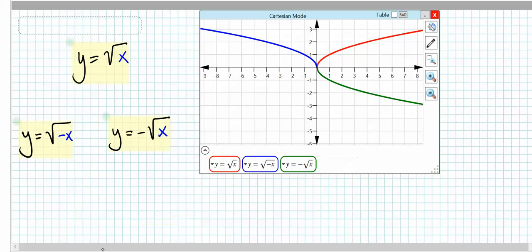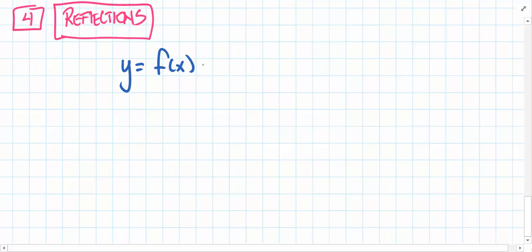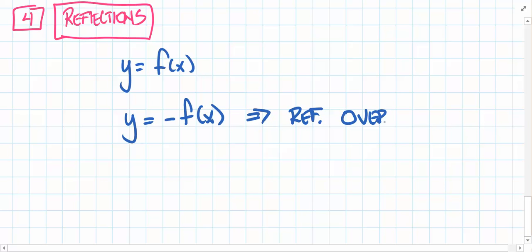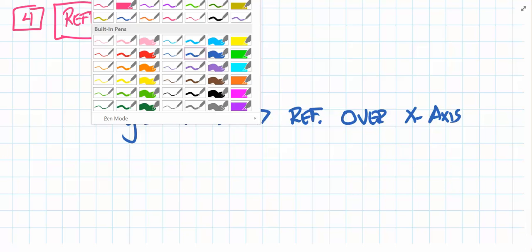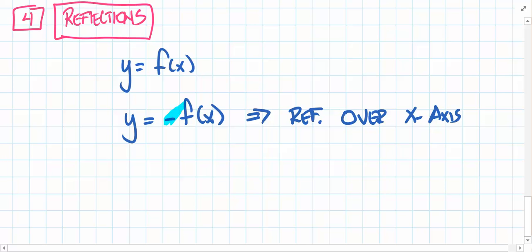If you're given y equals f of x, then y equals the negative f of x implies a reflection over, what did we come up with here if it's the negative? The x-axis. So here's what you want to write down, right? If the negative's out in front, you're going to get a reflection over the x-axis.